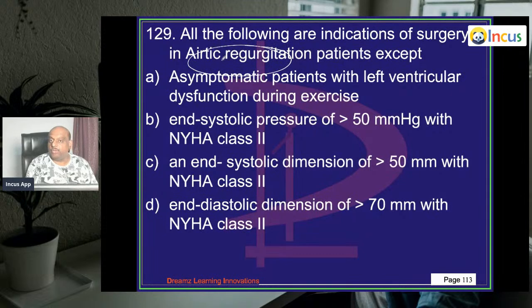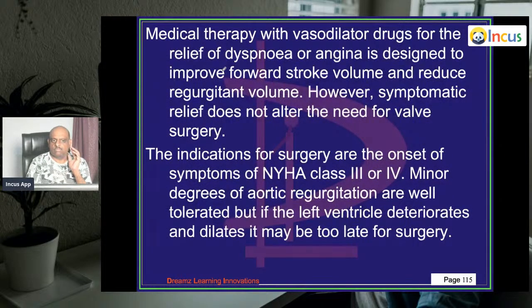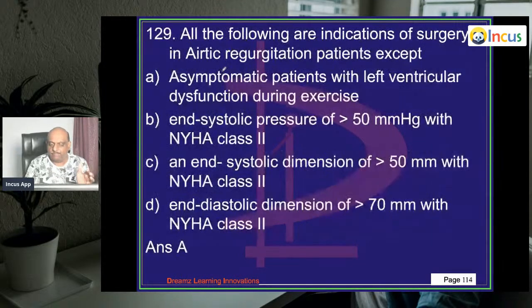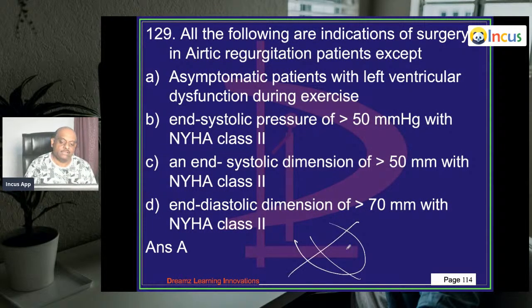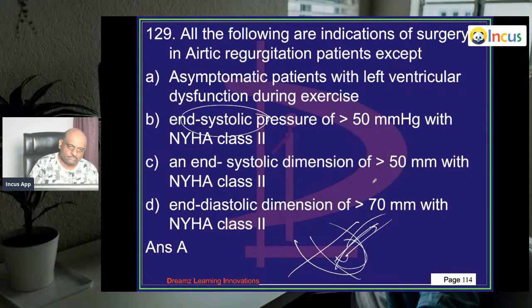With regard to aortic regurgitation, when do you want to do the surgery? Obviously in aortic regurgitation, the left ventricle is pushing blood into the aorta, which is coming back into the ventricle. At the end of the systole, if you look at the pressure, it is supposed to fall down.